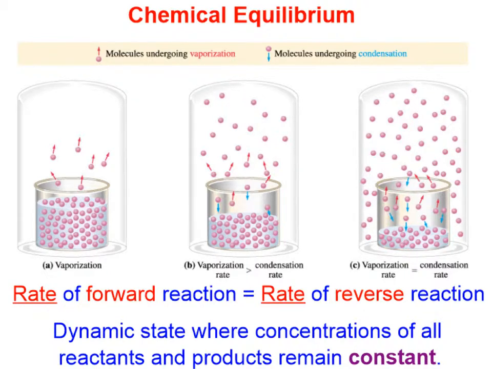The rate of the forward reaction is equal to the rate of the reverse reaction, not the amount of products or reactants or anything. It's simply that the rates are equal. It's a dynamic state where all of the concentrations of reactants and products will now remain constant.